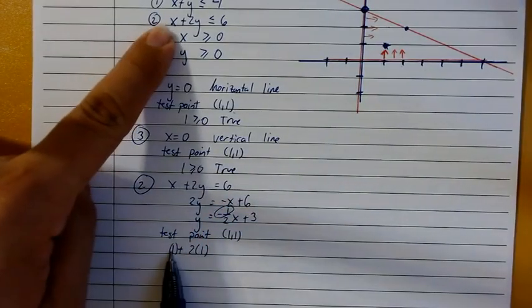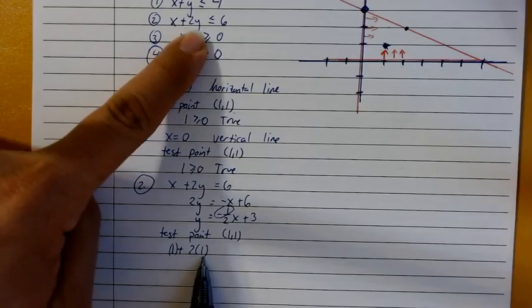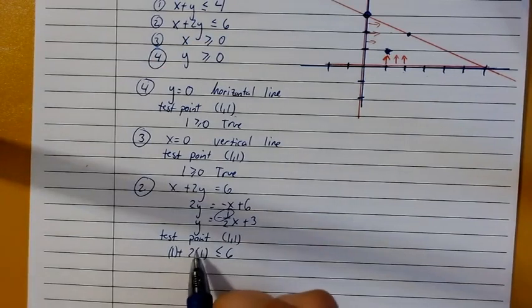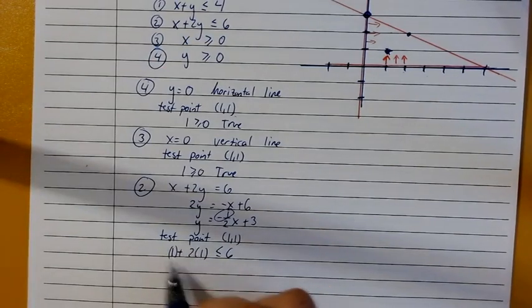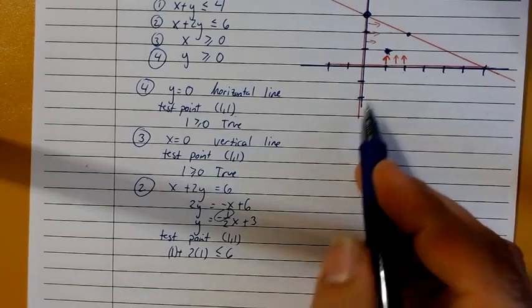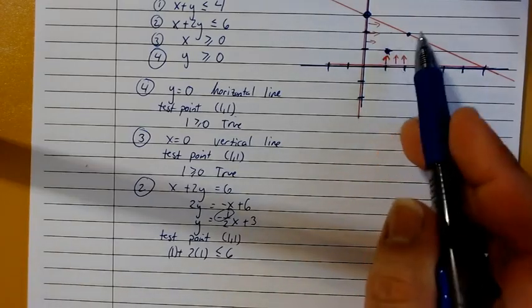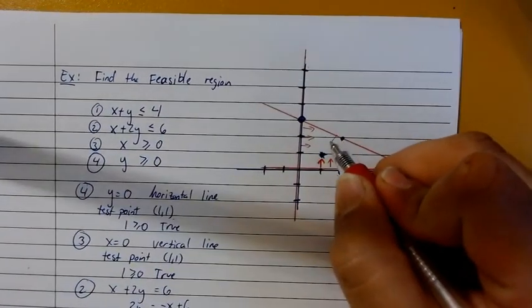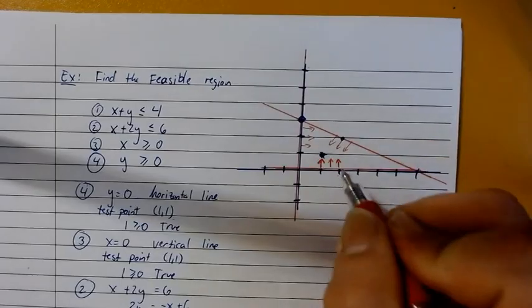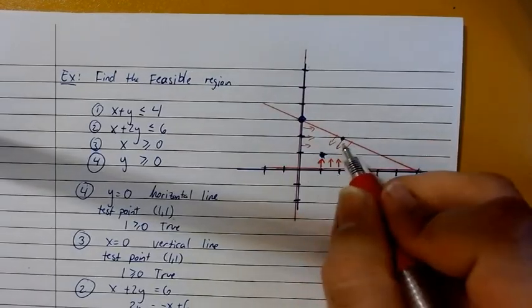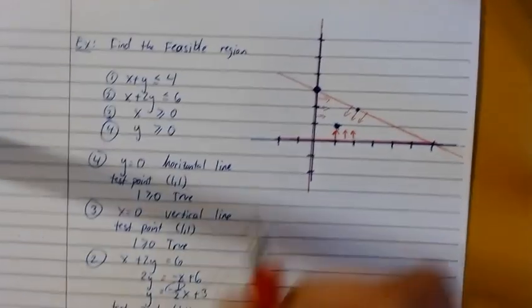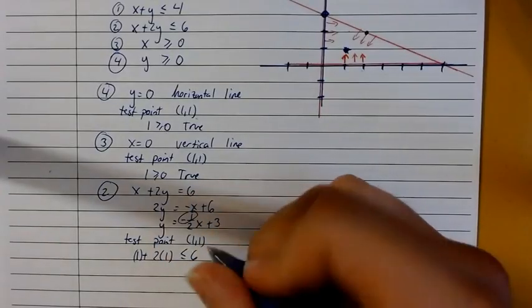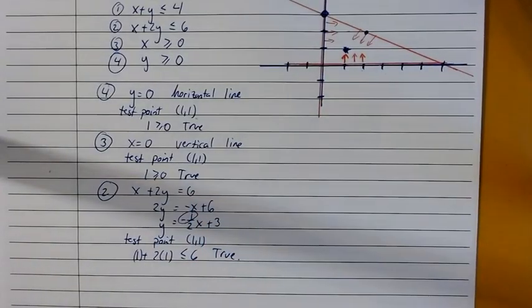That's my x, plus double my y, and that's going to be less than or equal to 6, which is true. 2 plus 1 is 3, and 3 is definitely less than 6. So 1, 1 is a valid solution. That means I want to shade toward that point right there. So let me go ahead and draw 3 little arrows to show me that I want to shade in this direction toward this point. If that had been false, well, then I'd want to shade in the opposite direction. But this is true, like that.